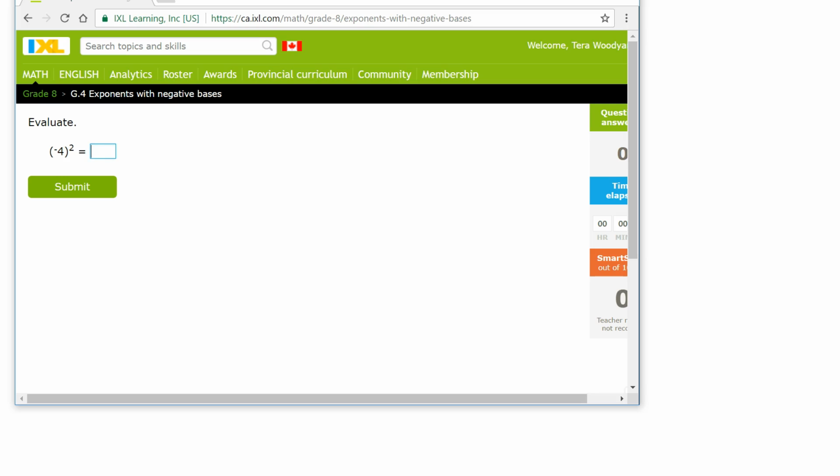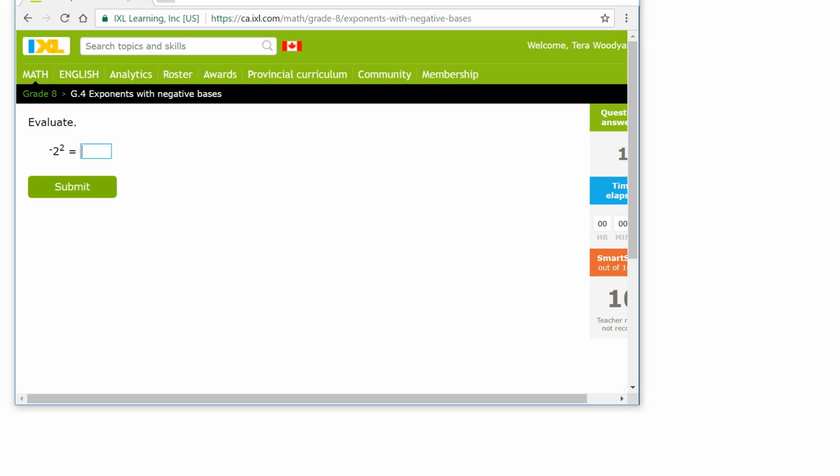So I'm going to take out my practice sheet of paper. I'm saying that the base, the thing that's being repeated, is the negative 4. And I'm going to multiply it by itself 2 times. Negative times a negative is going to be a positive. 4 times 4 is 16, so we're going to have positive 16. Let's go back in here and see if that is the right answer. Ta-da! Absolutely.